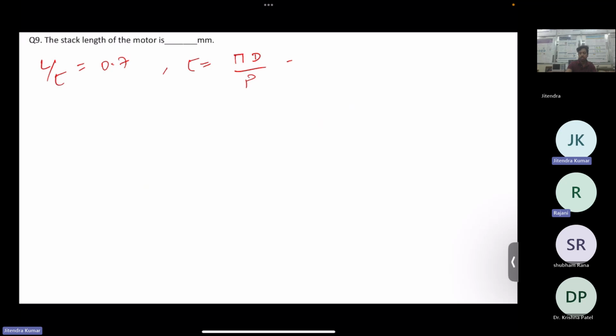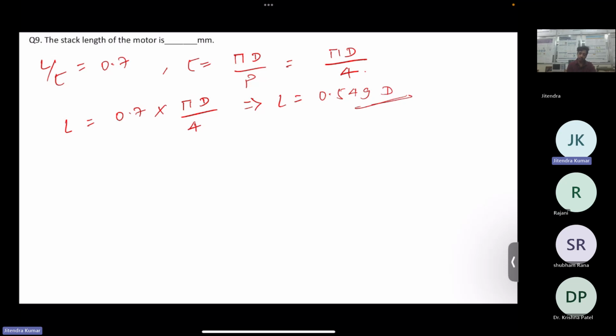So pi d by 4 again, right? Yes, exactly, sir. So L is 0.7 into pi d by 4. So L will come out to be 0.549 d. Okay, that seems correct.